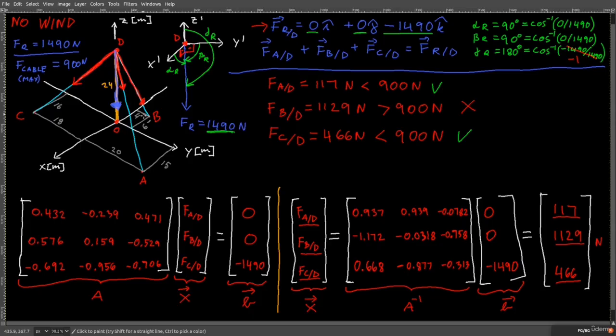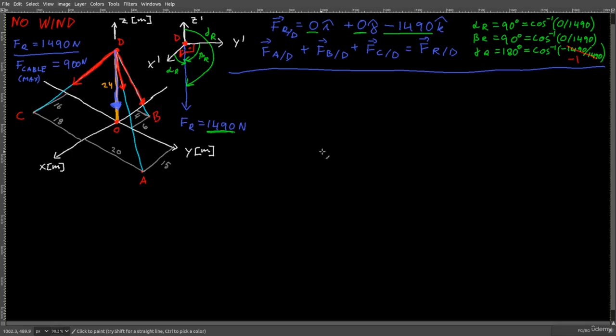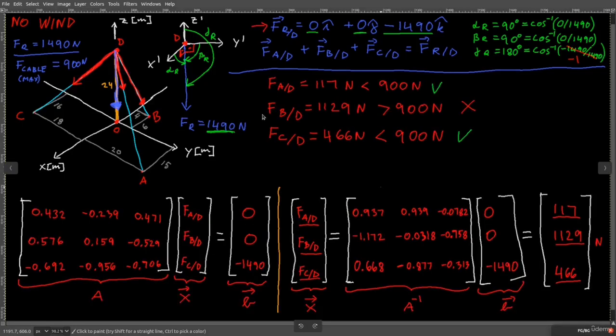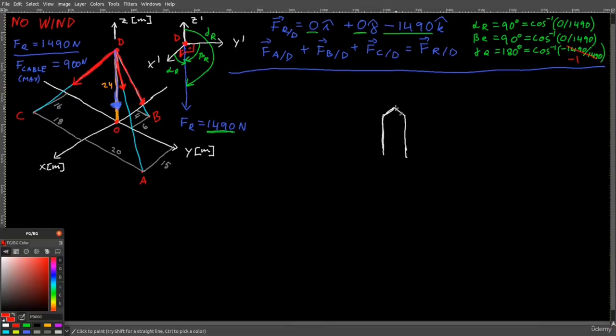Or another option would be to place this B somewhere else on this XY plane, because your force also depends on the location of this point B. And now I want to mention one more thing. The forces that we found here, they are all positive forces. So let's say that this is the tip of the tower, this point is D, and so the cables exerted three force vectors on this point D.